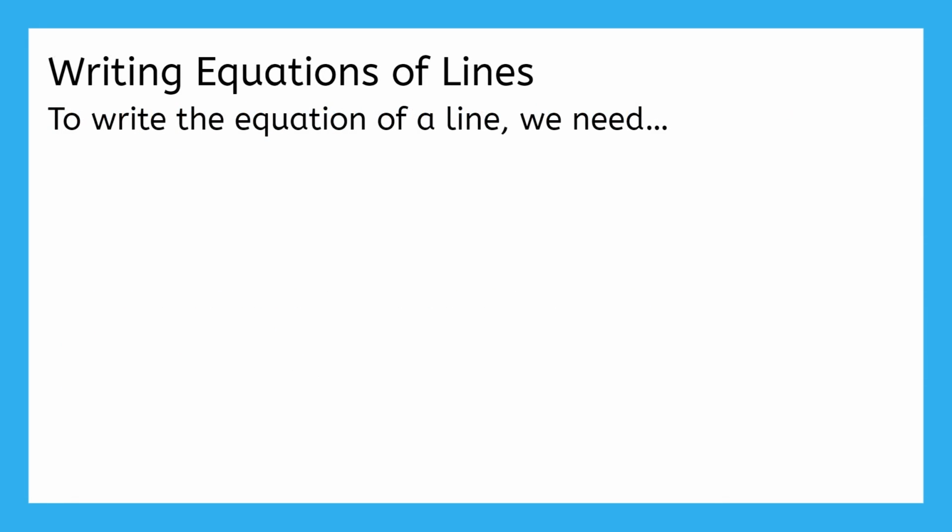You've just spent some time reviewing the 3 different ways to write equations of lines: slope-intercept form, point-slope form, and standard form. Think for a moment. If you want to write the equation of a line, what information do you need? Did you come up with slope? This one's a little tricky because we can get the slope in a few different ways.